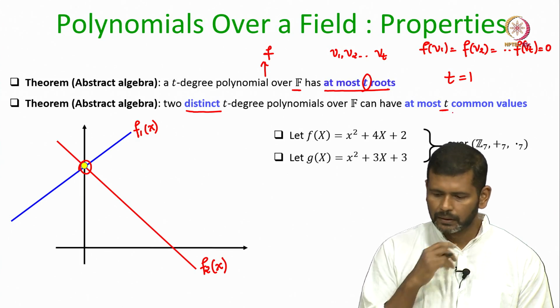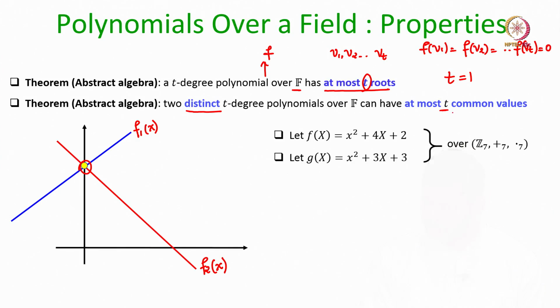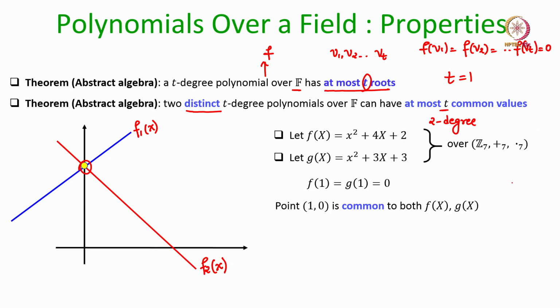For demonstration purposes, if you have the polynomials f of x and g of x, both 2 degree polynomials, then the point (1, 0) is common to both these polynomials, because the value of the polynomial f as well as the value of the polynomial g is 0 at x equal to 1.